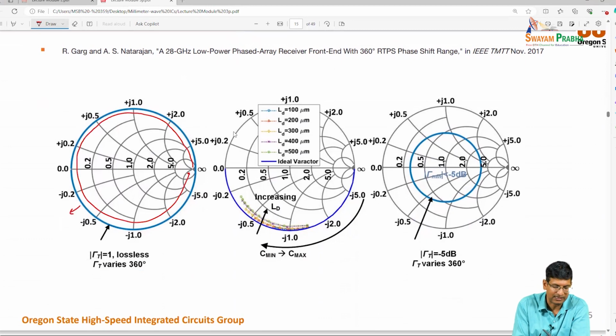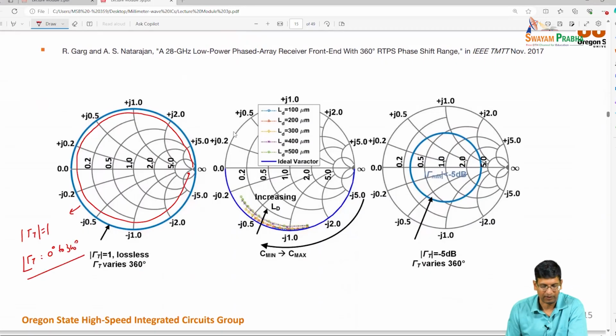Because this basically has a magnitude of gamma t equal to 1, and angle of gamma t varying from 0 degrees to 360 degrees, right? And if I'm able to do that, then I'll put these loads on the other side of my hybrid coupler, on the through and coupled ports, and I'll get a full 360 degree variable phase shifter with uniform loss.